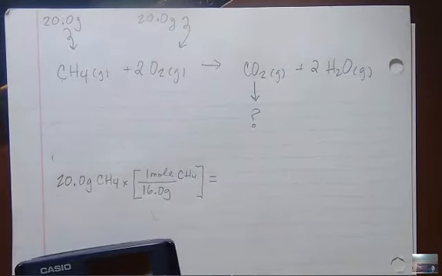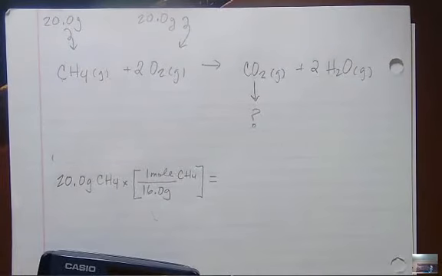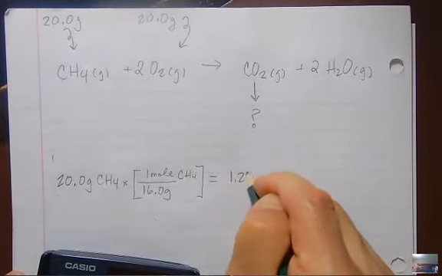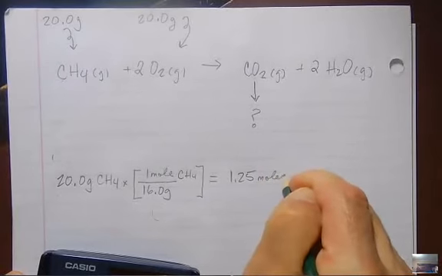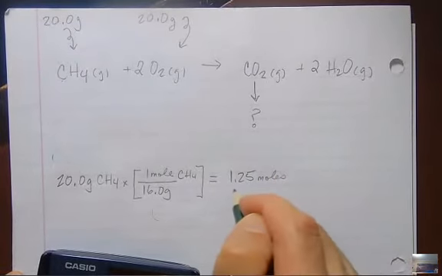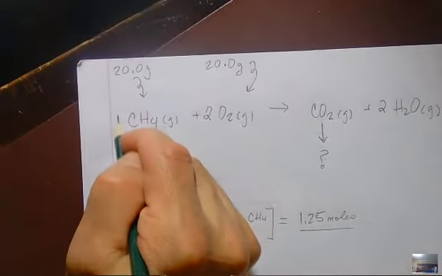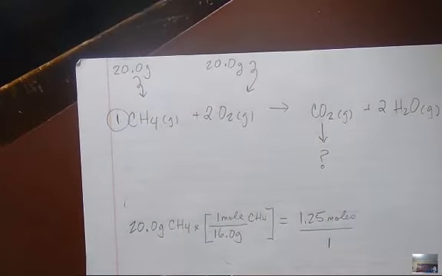So 20 divided by 16 gives me 1.25 moles. Now, if I divide it by its coefficient, this is a 1 here, so I put a 1 here, the normalized molar amount is 1.25. So the normalized molar amount of methane is 1.25.